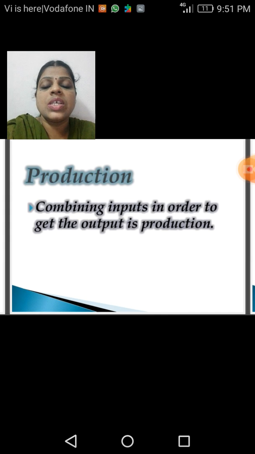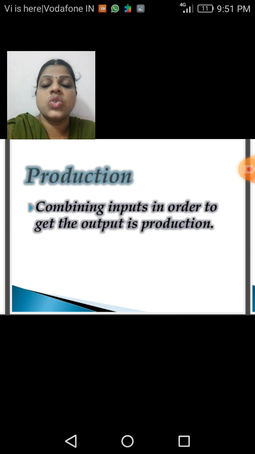In a simple manner, what are the inputs or raw materials required for a production process? If we combine all these inputs, we will get the output. Output means whatever we have to produce. That is production.